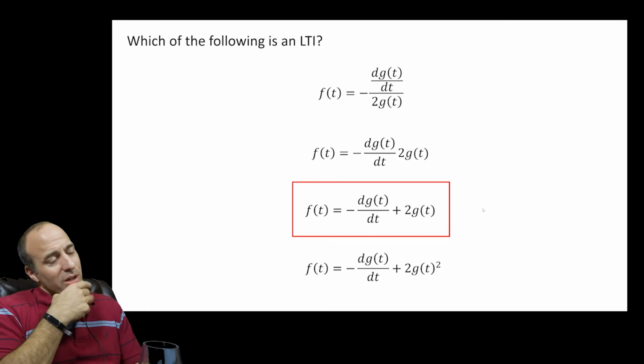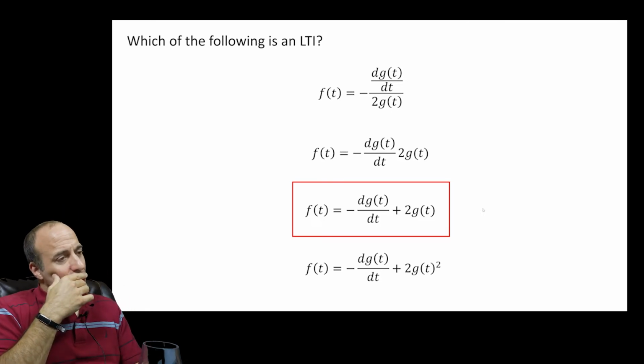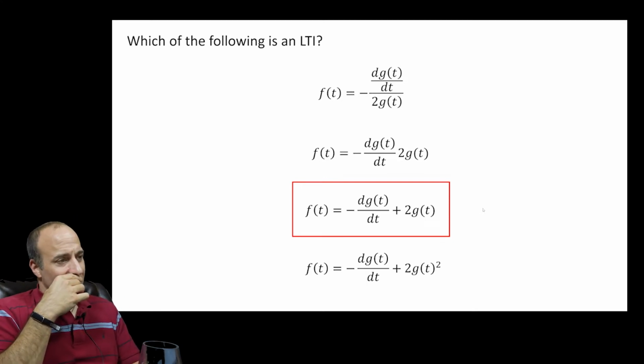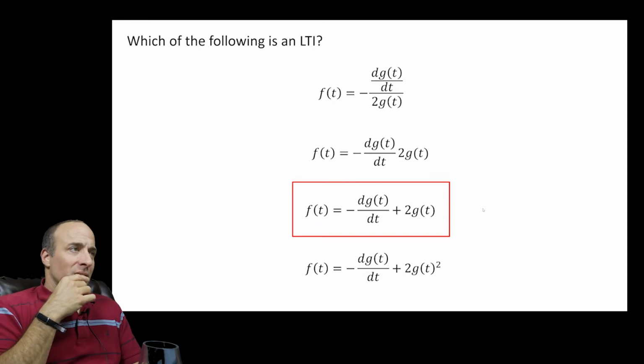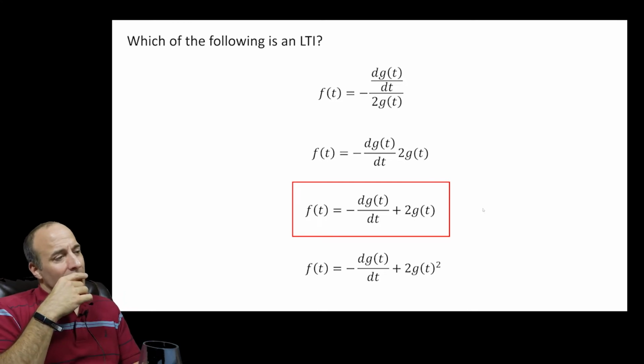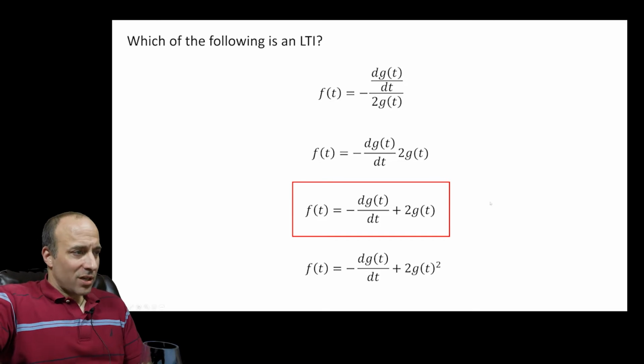Each of these differential equations have 2 time series variables f and g, and 3 of the 4 are not linear. Only this third one is linear.